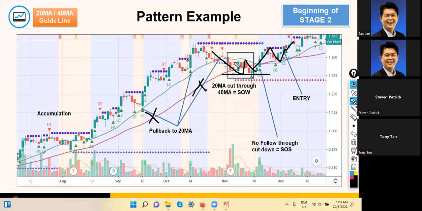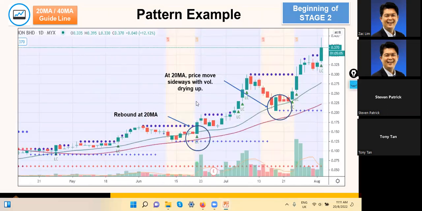As long as it's in a bullish market, you can still sell first, then re-enter again. Stock trading is always up and down. So this is the sample for the 20 moving average or 40 moving average, and here is another example.